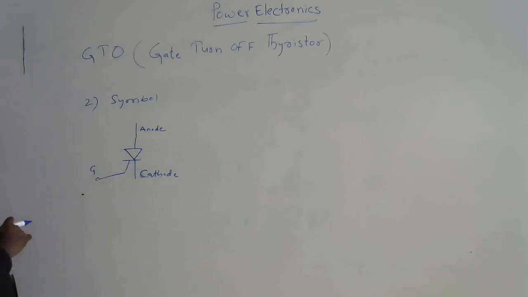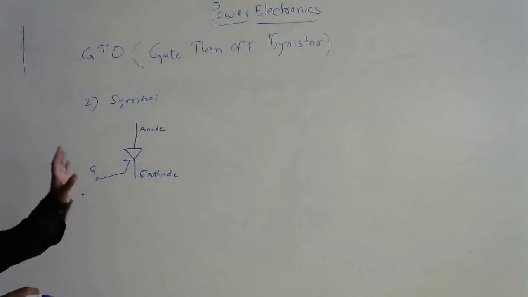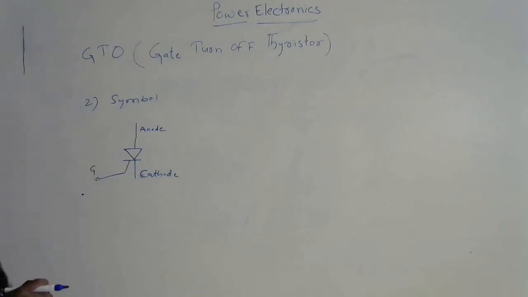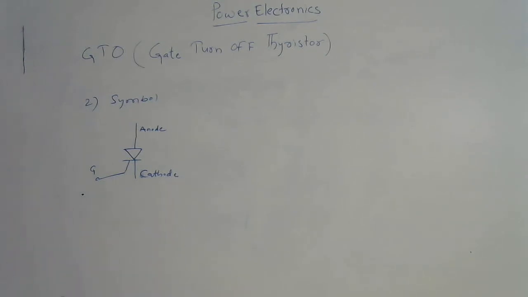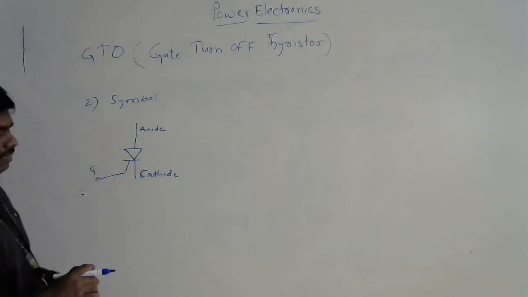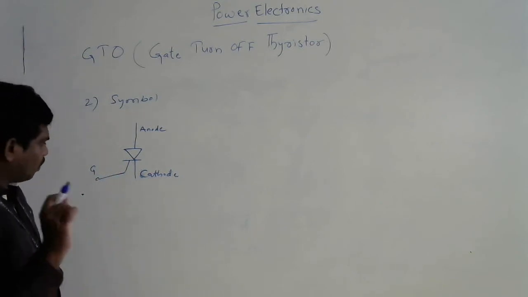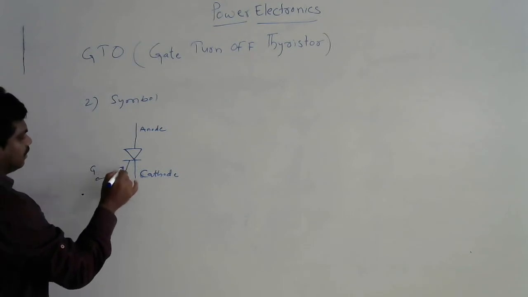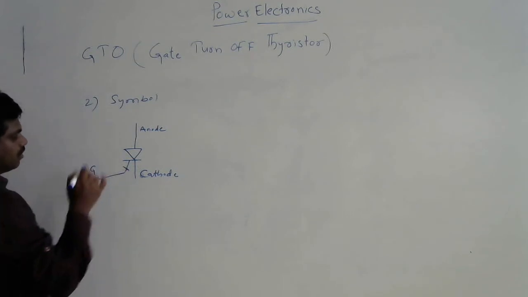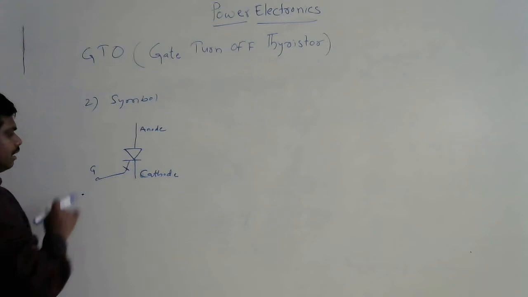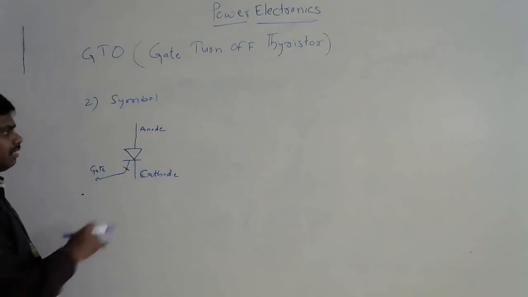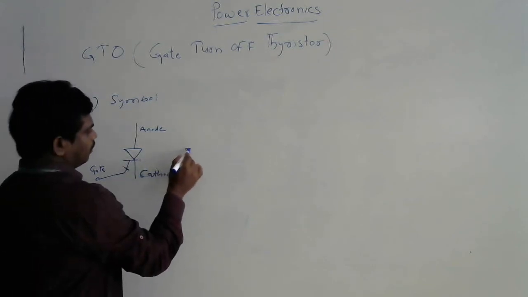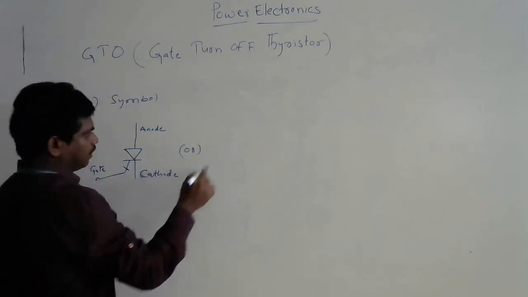SCR has 4 layers, 3 terminals, 3 junctions. Our GTO also has 4 layers, 3 terminals and 3 junctions, same as the SCR. But a small difference between the SCR and GTO is there is a mark for the gate terminal.